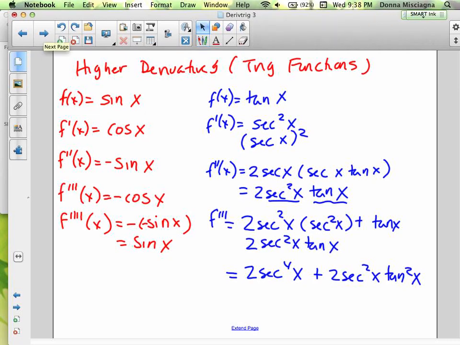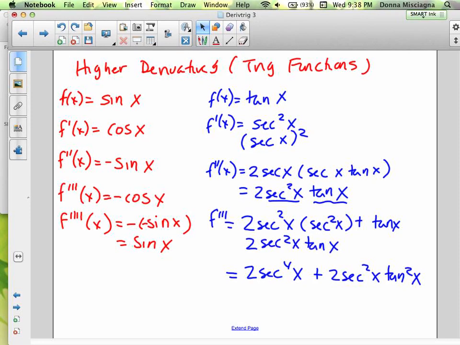And you get the same kind of things whenever you figure out the higher derivatives on the other trig functions. So sine and cosine, they're nice and easy. They just bop back and forth between one another. But any of the other ones, right away you get chain rule, and you get product and chain, and it gets a little tricky.